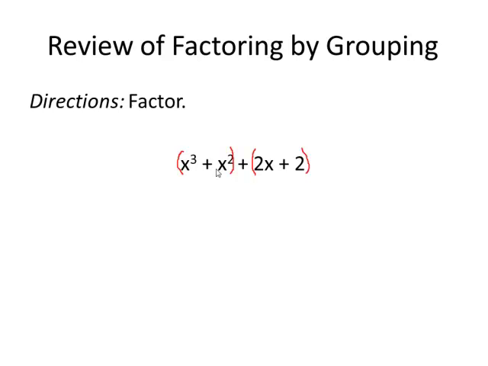So here I'm going to take out a greatest common factor. So x squared is my greatest common factor, and what's left is x plus 1. Now here I'm going to take out the greatest common factor, which is 2, and what's left is x plus 1. Now x plus 1 is in common here.